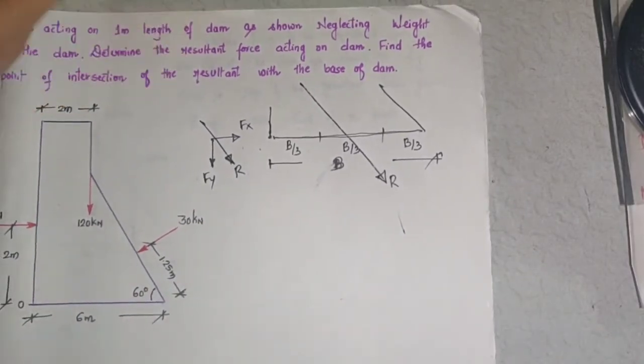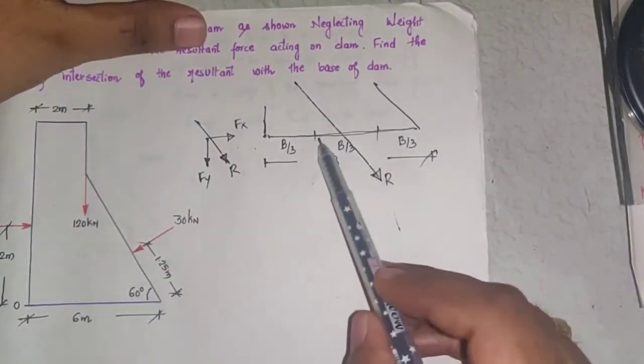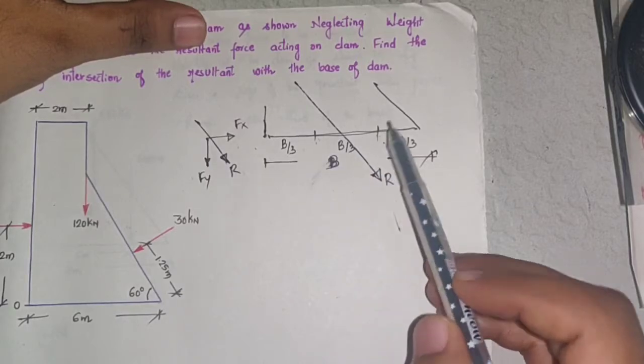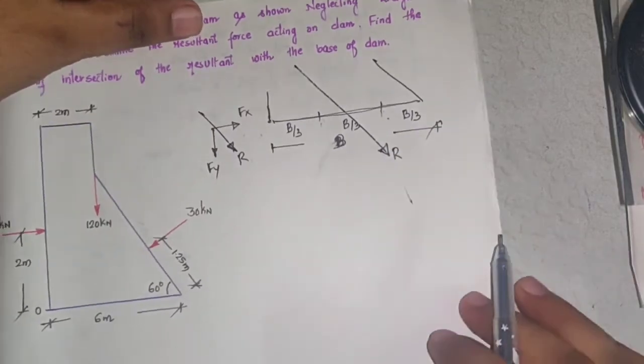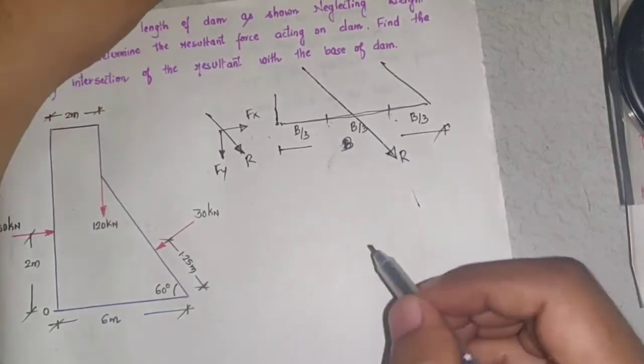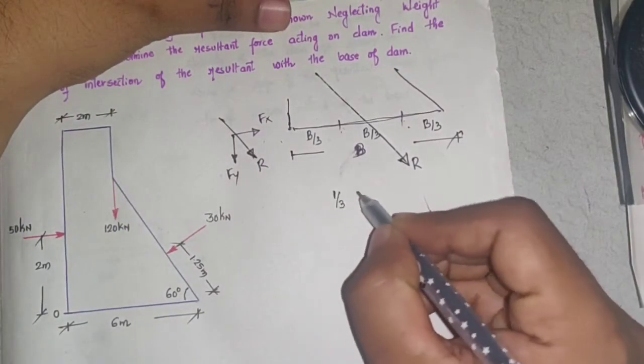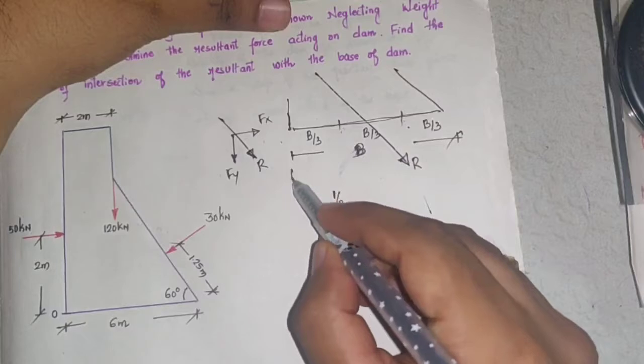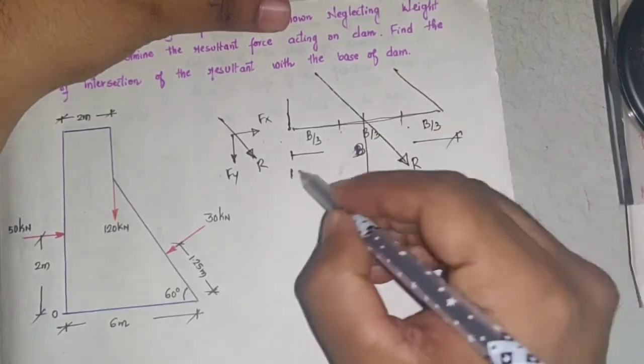If the resultant of the forces acting on the dam passes through this middle third portion, then the dam is considered to be safe. So the condition for the dam to be safe is based on the intercept, the distance where the resultant cuts the base.